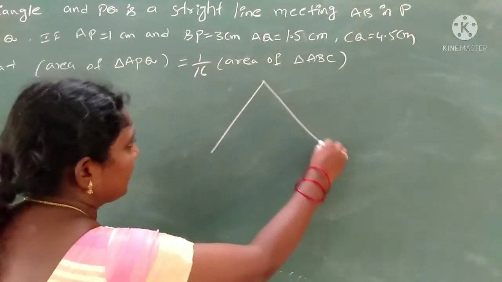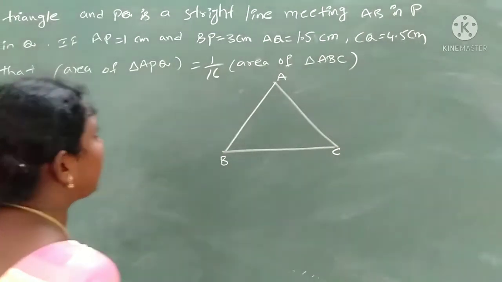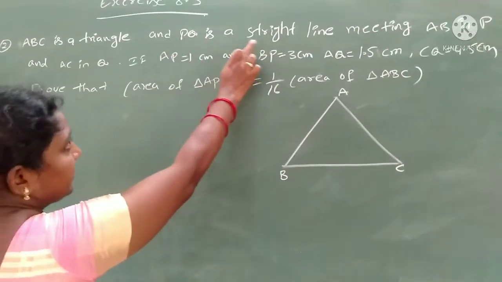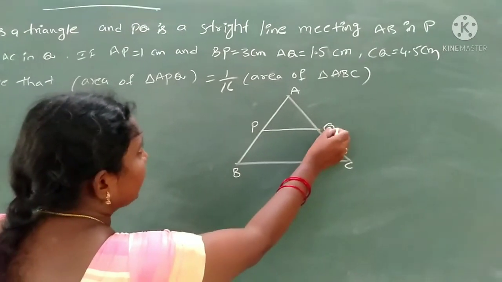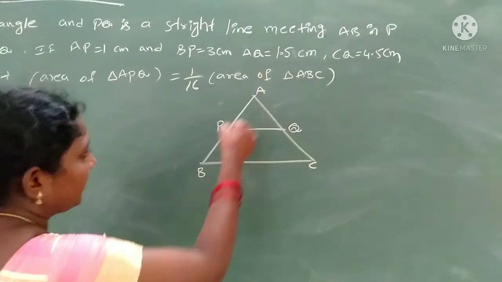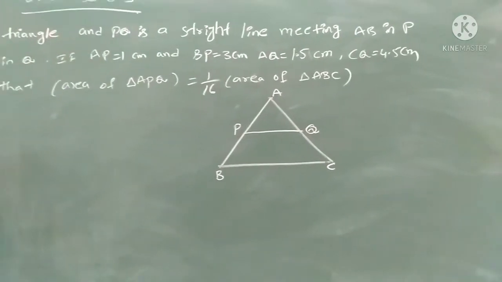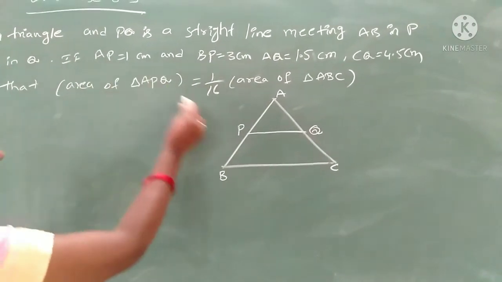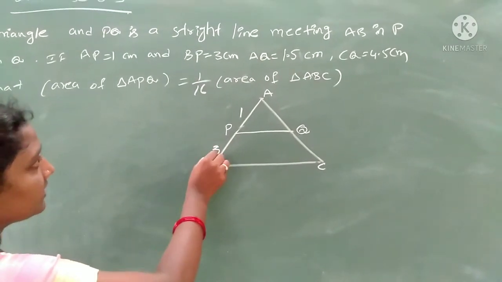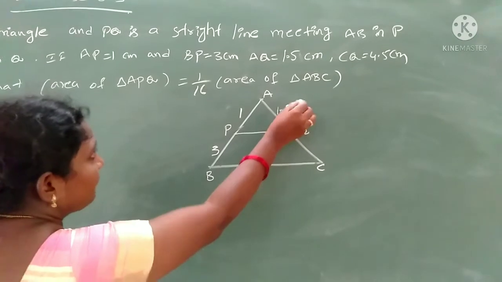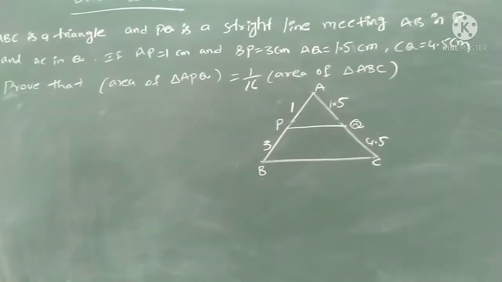ABC is a triangle and PQ is a straight line meeting AB at P and AC at Q. Next, write the AP value 1 centimeter, BP value 3 centimeters, AQ value 1.5 centimeters and CQ value 4.5 centimeters.